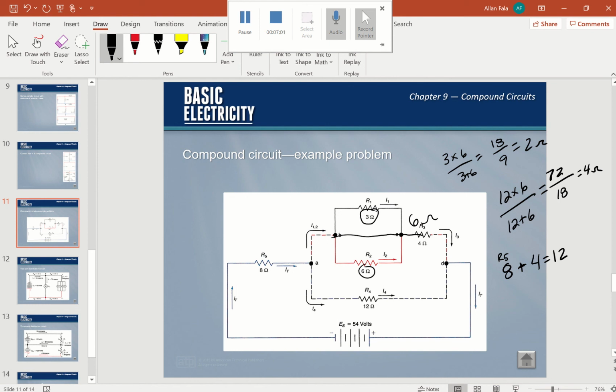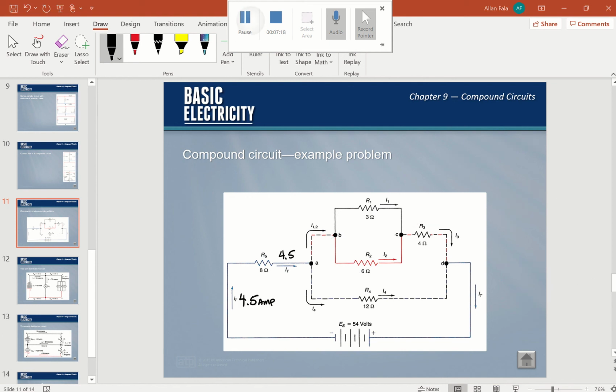And then when we look at our 54 volts divided by the total ohms of 12, we come up with 4.5 amps. So now that we know the total current is 4.5 amps, we know that's the total current going through R5.